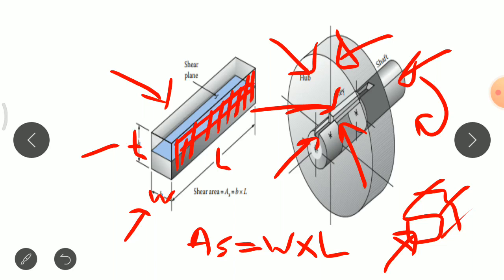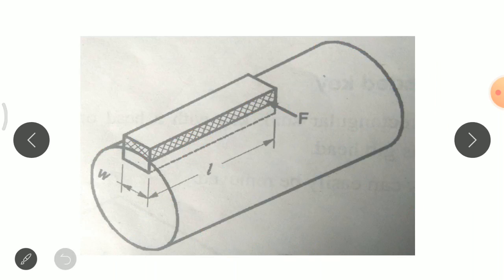Here this is the crushing or shearing plane, and this diagram we have to draw in the examination when the question asks to explain with the help of a neat sketch the design procedure of a square key. By using this diagram, we can determine different parameters for the direct shear stress condition and the crushing or compressive stress condition.